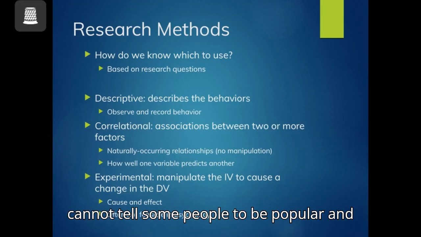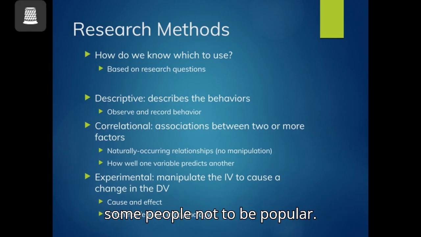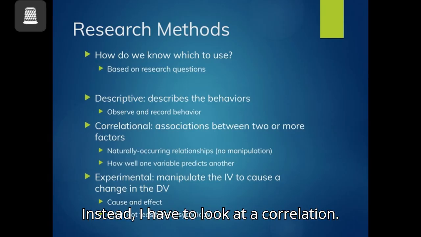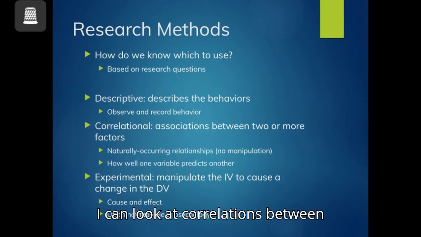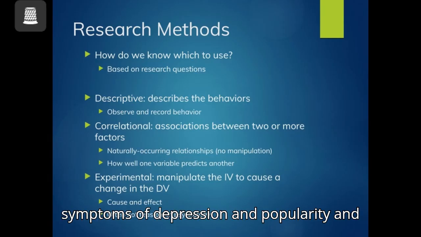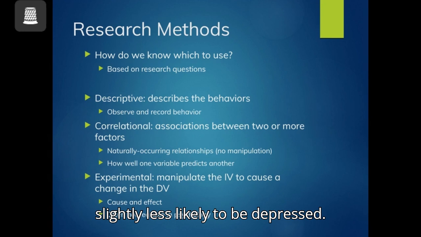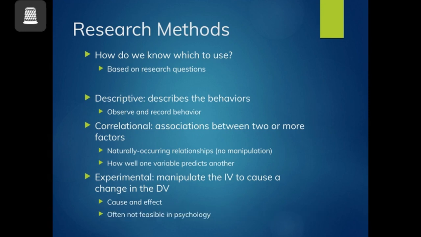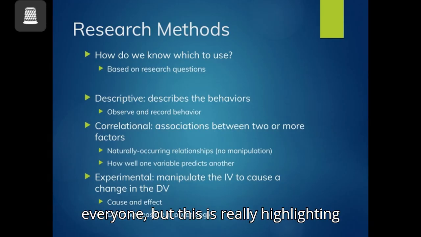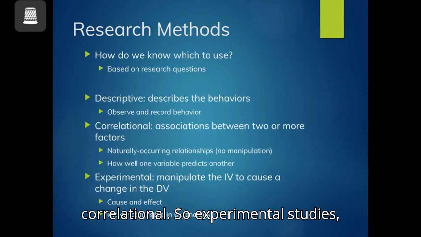I cannot tell some people to be popular and some people not to be popular. Instead, I have to look at a correlation. I can look at correlations between symptoms of depression and popularity and see that more popular adolescents are slightly less likely to be depressed. Now, of course, this is not the case for everyone, but this is really highlighting the difference between experimental and correlational.